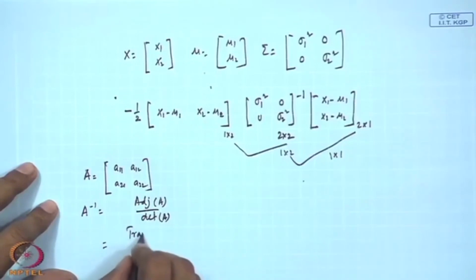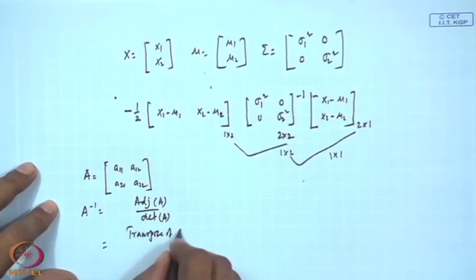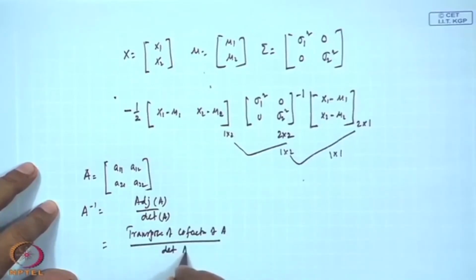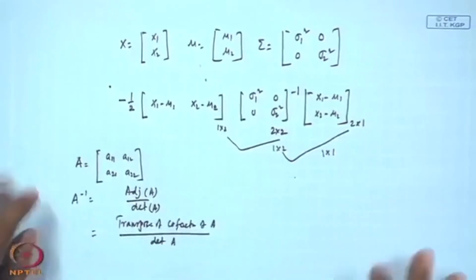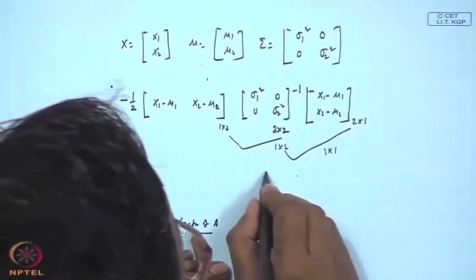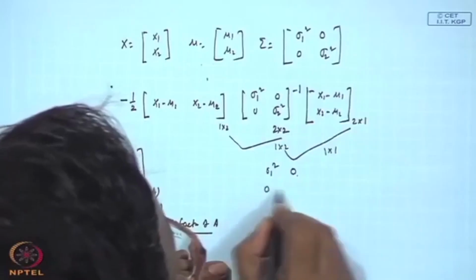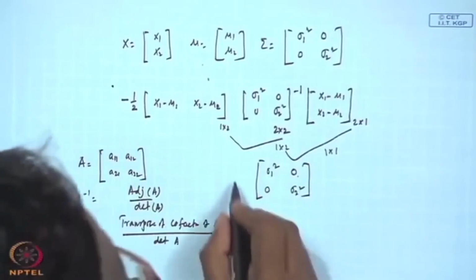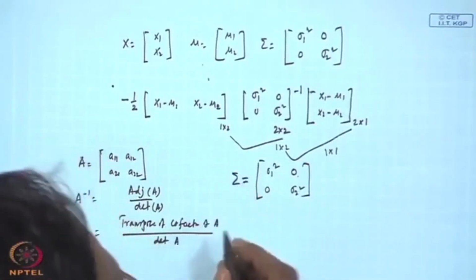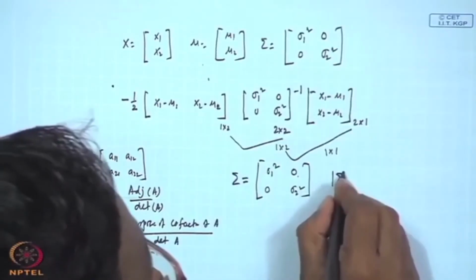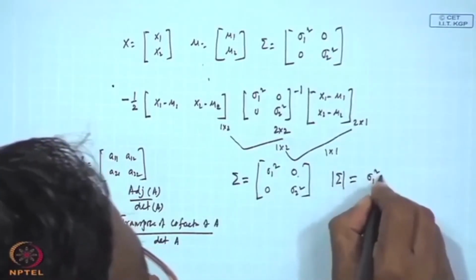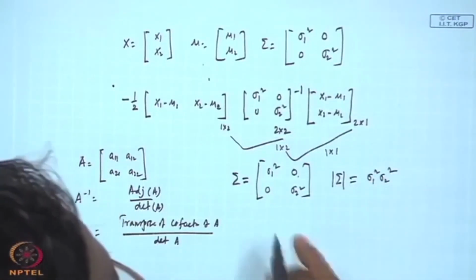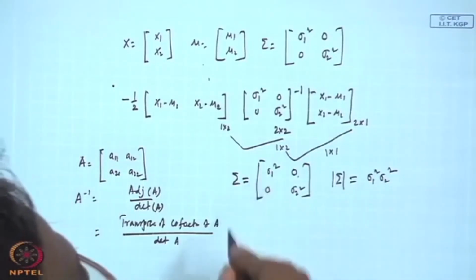So if this is the case, our A is nothing but sigma 1 square, 0, 0, sigma 2 square; that is our sigma. The determinant we have already seen is sigma 1 square multiplied by sigma 2 square. Now, what will be the cofactor of this?